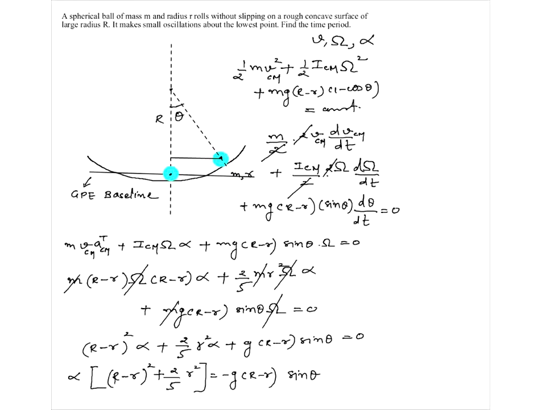Let me copy this bottom thing to the next board. Now this thing is constant, but even then it is not SHM because of sine theta.